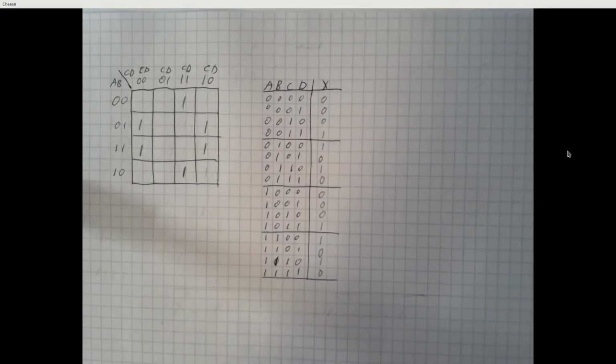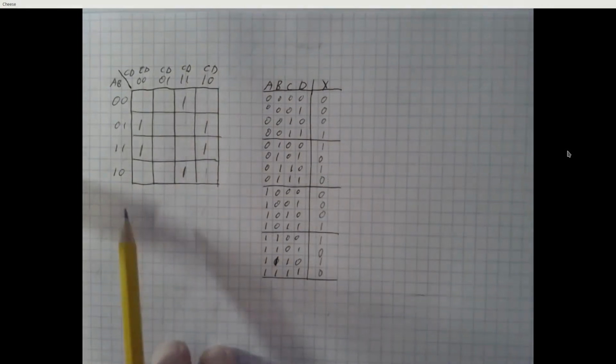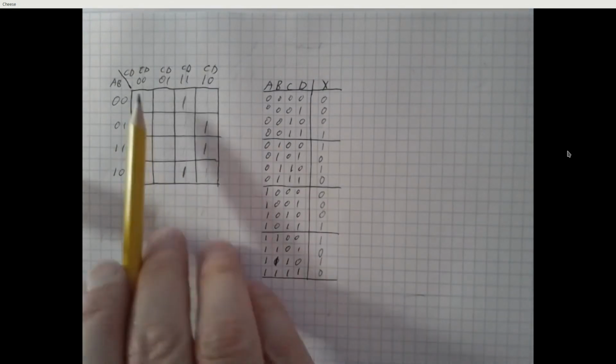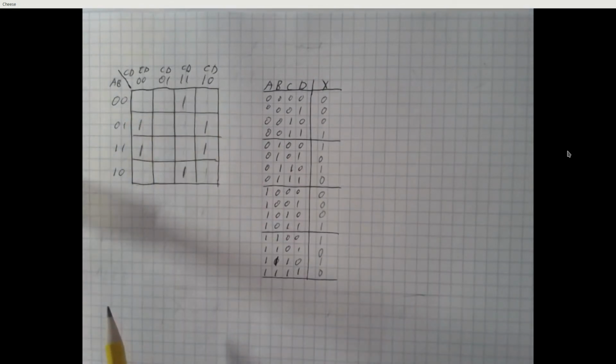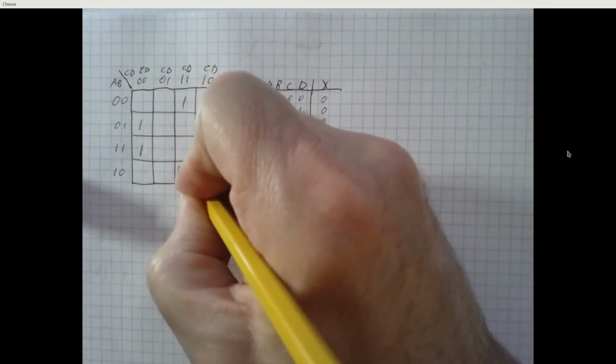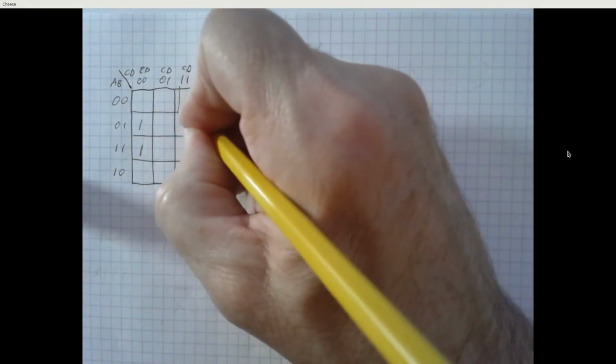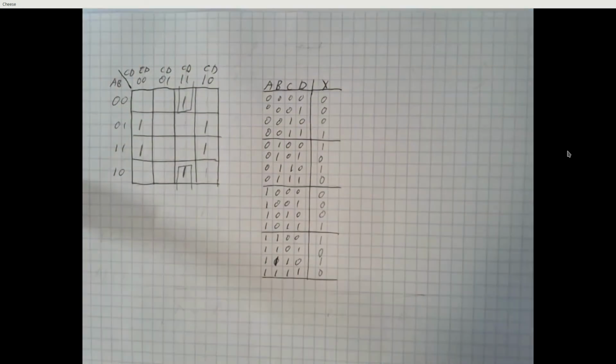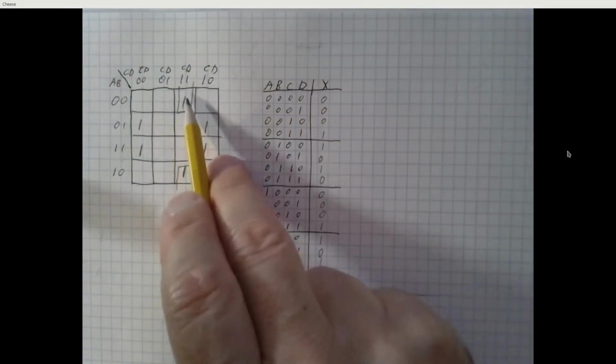Okay, here's the cool thing about covering K-maps. It's like playing asteroids. This bottom edge is connected to this top edge, which means that we can actually draw a split rectangle which looks like this. Okay, so instead of having a 1x1 and a 1x1, we have a 2x1 now.